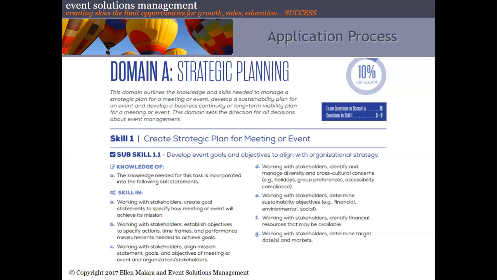The very next moment, once you hit submit and get the message that we received your application, the very next thing you should do is purchase your study materials, because you need to start studying. Now, in a few minutes, we're going to talk about what the study materials are and how you go about getting them. But since we're talking about the CMP, let's use project management vocabulary.